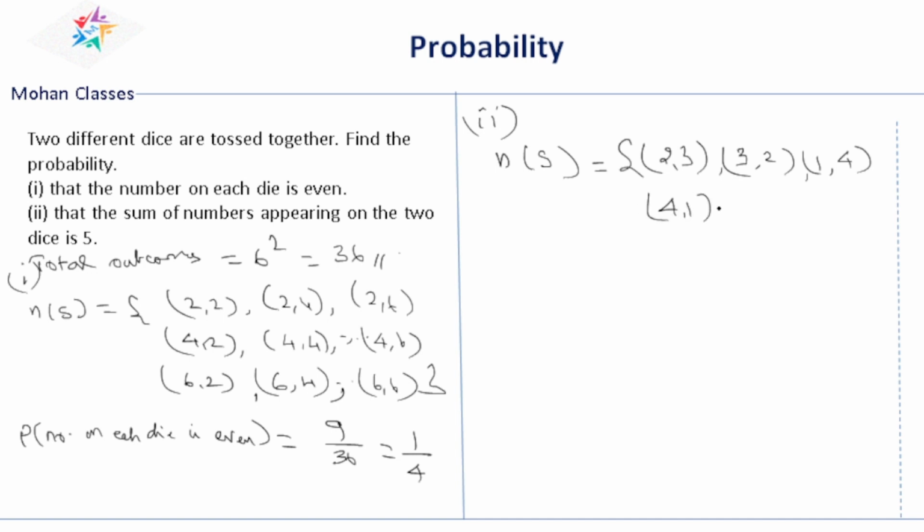That's it, right? 1, 2, 3, 4. Therefore, P of what we have to find out? Sum is 5 is equal to 1, 2, 3, 4. 4 divided by 36. That is equal to 1 by 9.